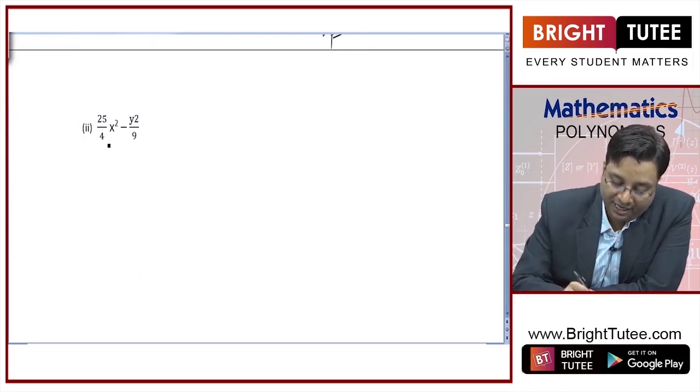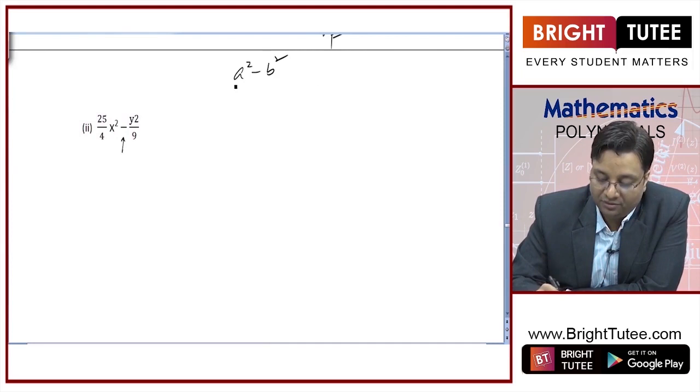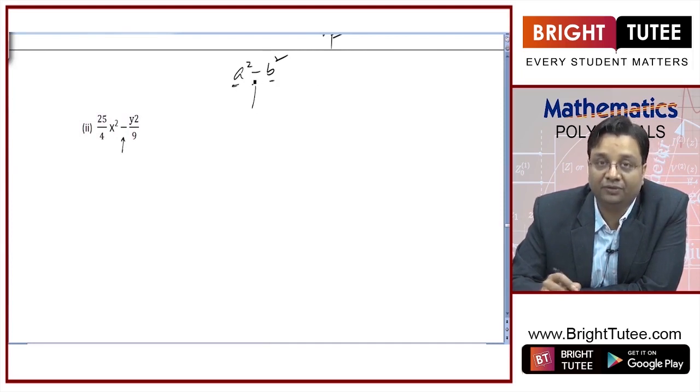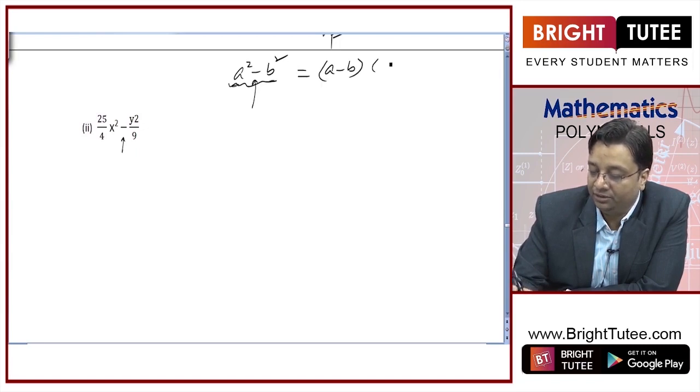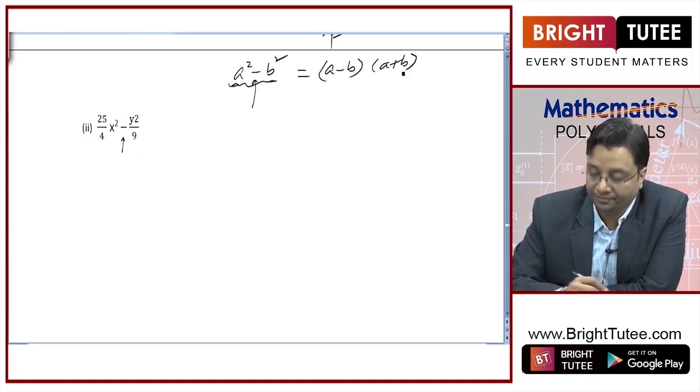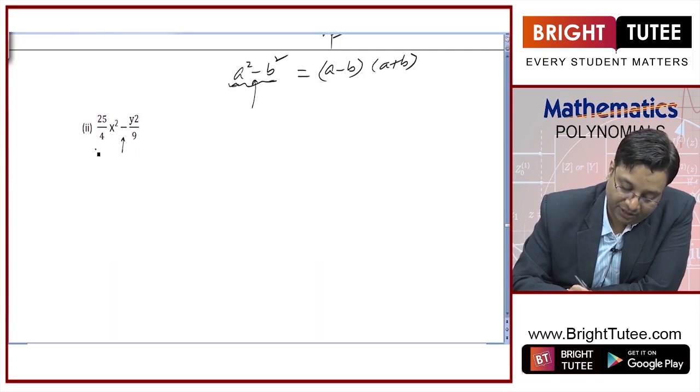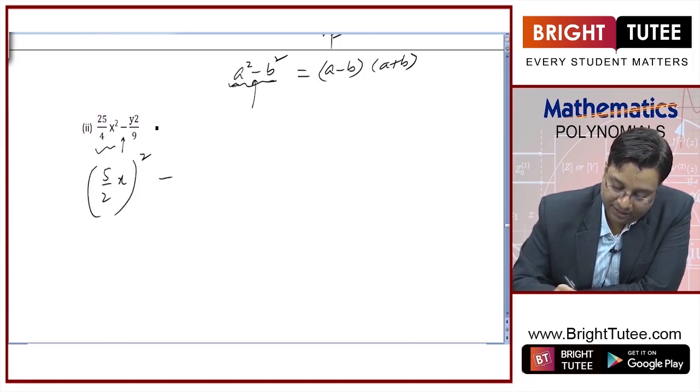For this one, I can see there is a negative sign here and two squares, a square minus b square. So squares and a negative sign in between will be this identity, that is (a - b)(a + b). So the first term can be written as (5/2 x) whole square, and the second term can be written as (y/3) whole square.